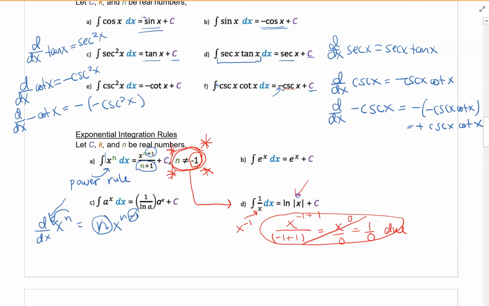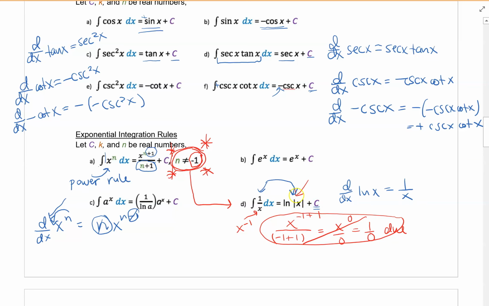Instead, we remember this fact that when you take the derivative of the natural log function, the derivative of ln of x is equal to 1 over x. So we have to remember that this is the derivative of the natural log. Therefore, the natural log is the antiderivative of 1 over x, not this power rule. And then, of course, plus c.